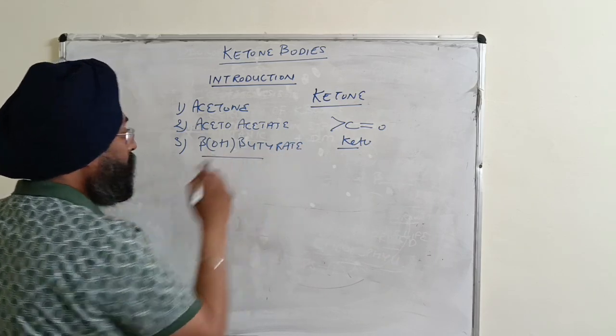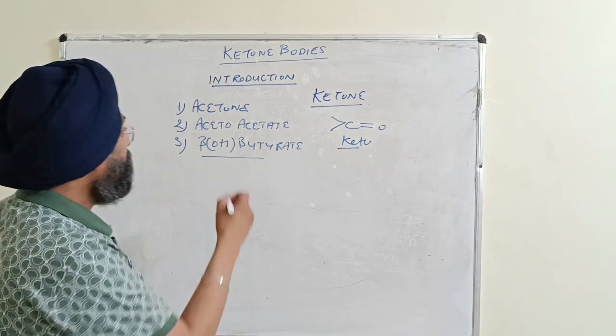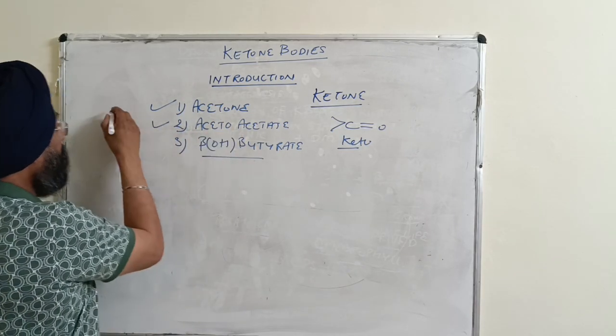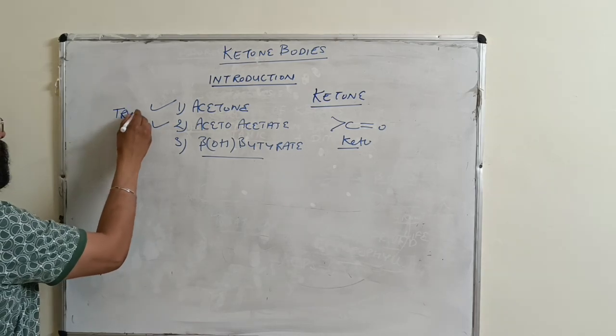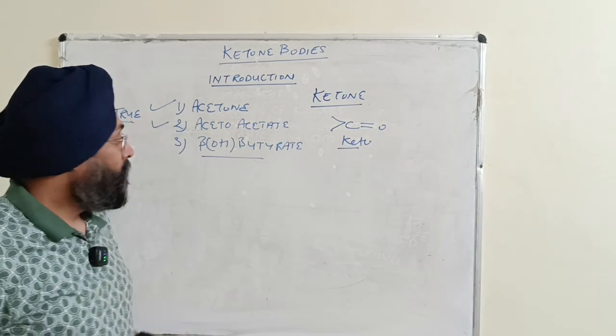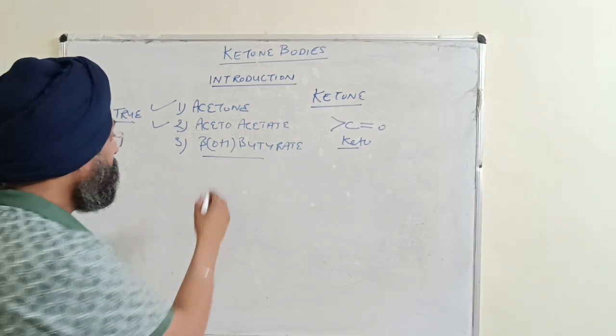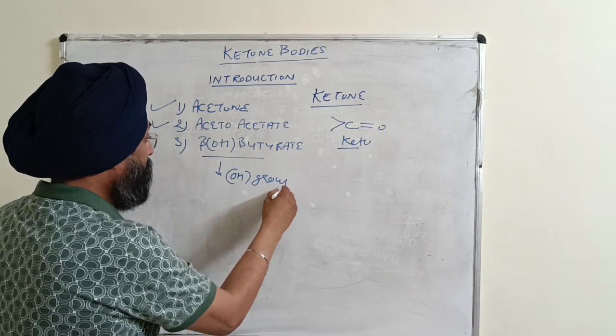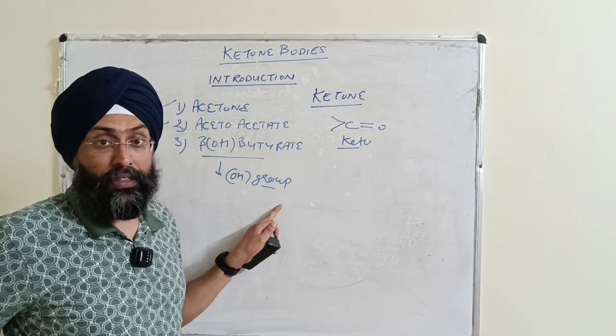Remember one thing, acetone and acetoacetate are the true ketone bodies. But beta hydroxybutyrate contains a hydroxy group, so it is not a true ketone body.